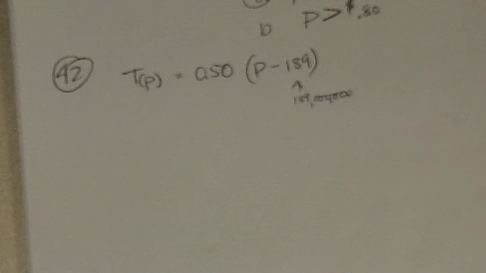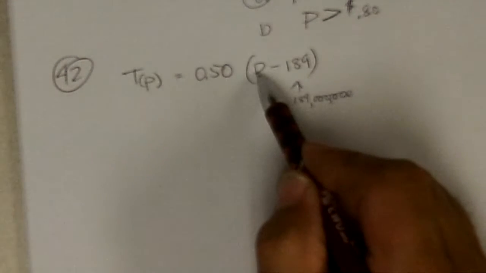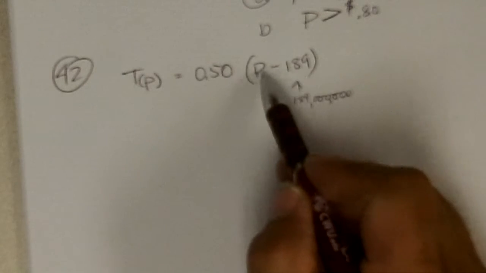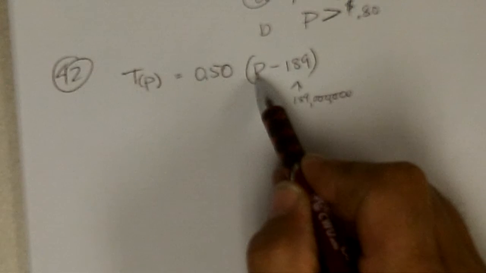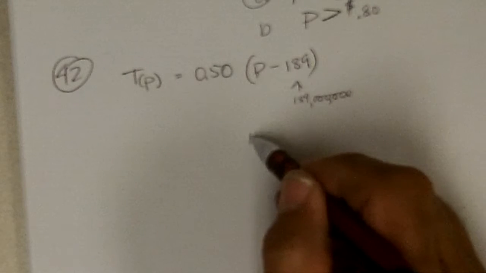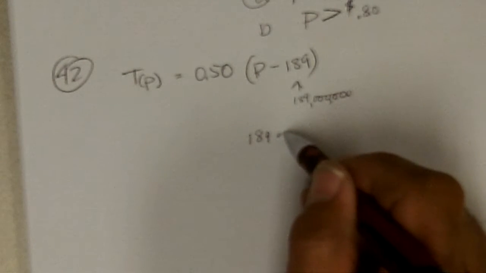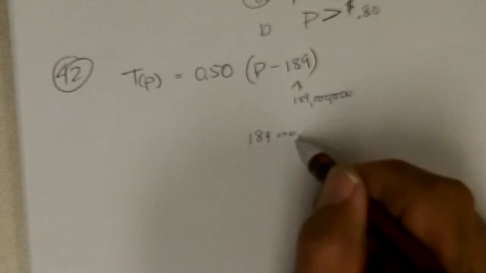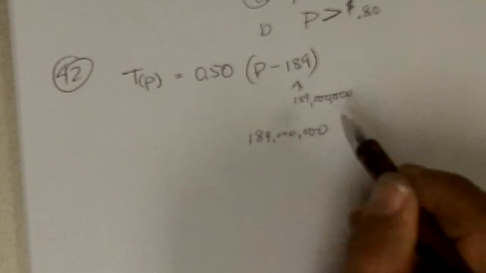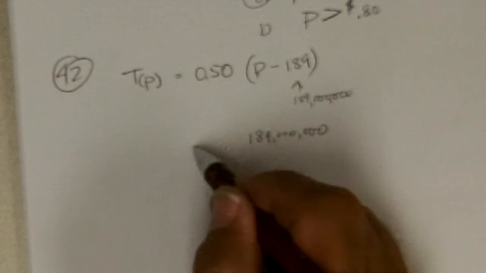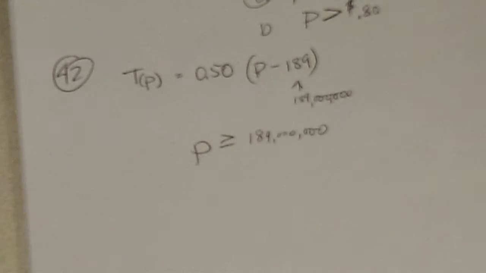What is the implied domain of this linear function? Well, the amount they pay the players is P, so it must be at least 189 million or greater. So P is greater than or equal to 189 million.